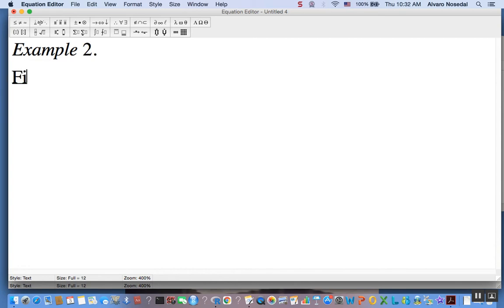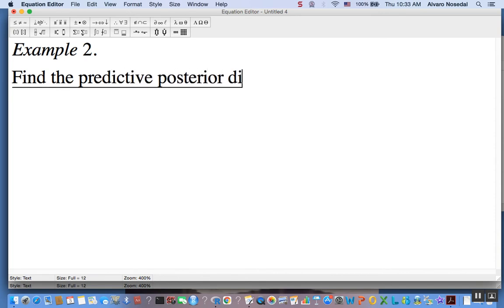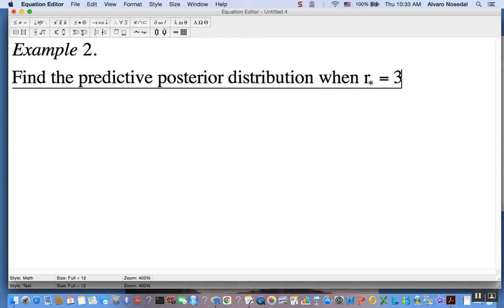So now what I want you to do is to find the predictive posterior distribution when r star equals 3 and v star equals 3 as well.